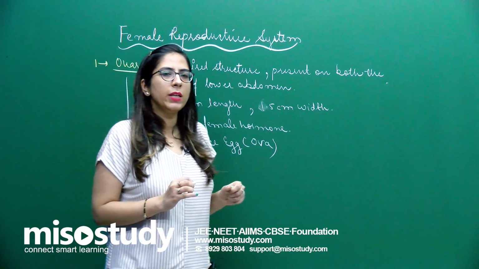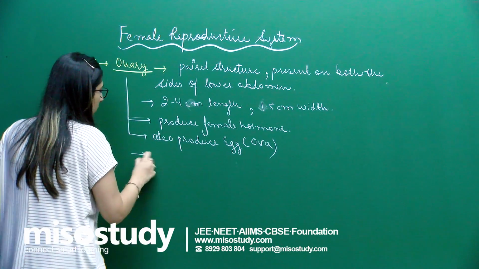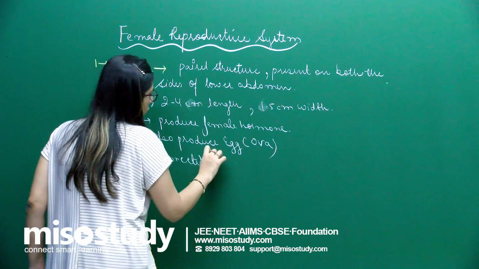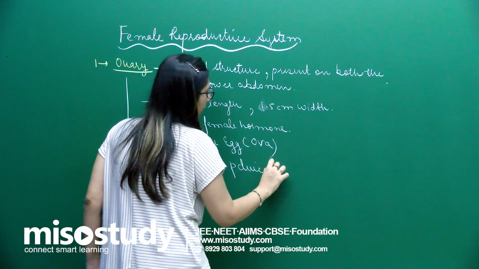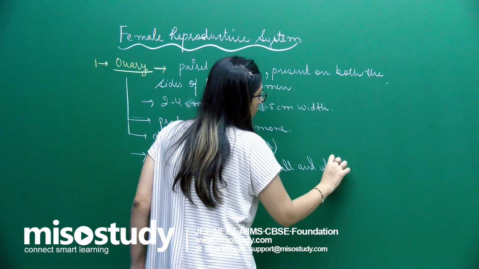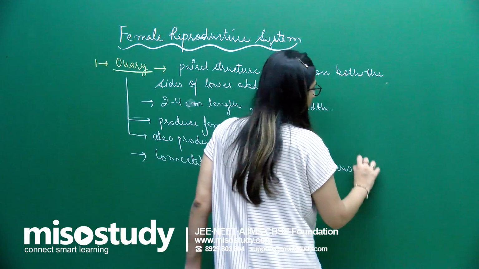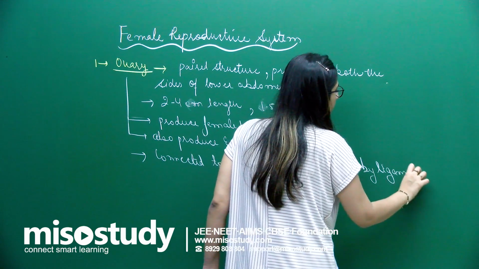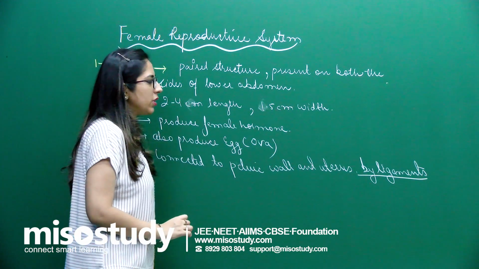In that area, they are connected to the pelvic wall and uterus by ligaments. Certain ligaments are present, and these ligaments attach the ovary at a particular position.